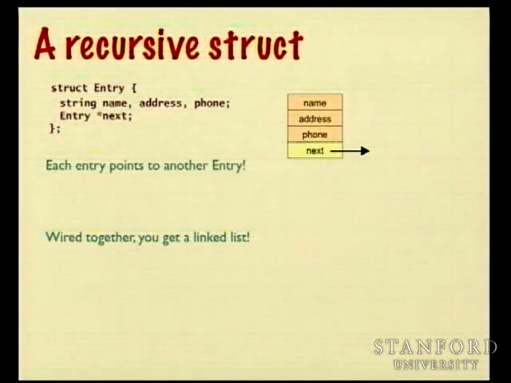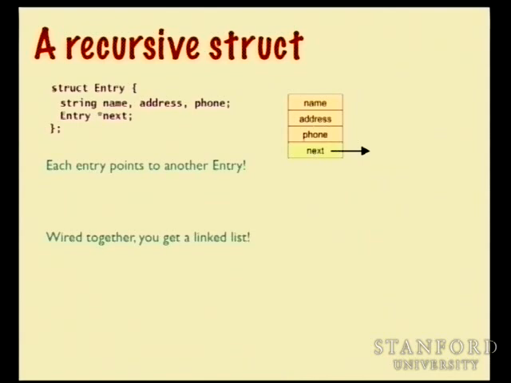Think about managing an address book. I've got a name, an address, and a phone for each of the people I want to manage. I could certainly put these entries together in a vector. I'm going to choose a different way to organize this by making this structure have an additional field, a pointer to another entry.